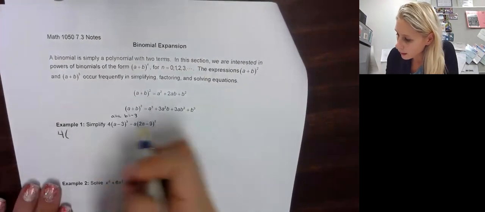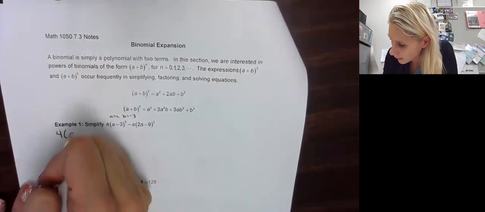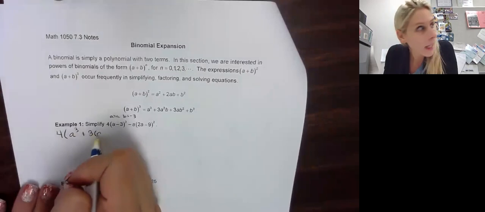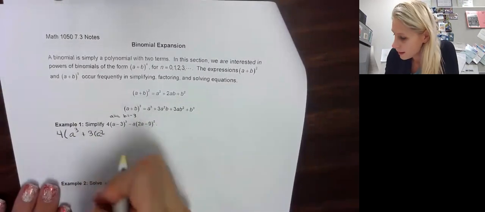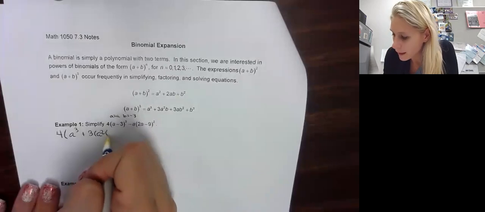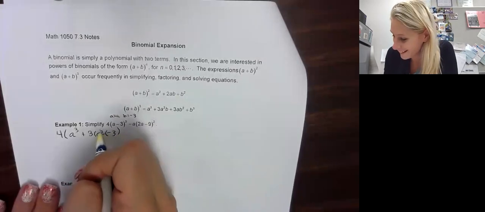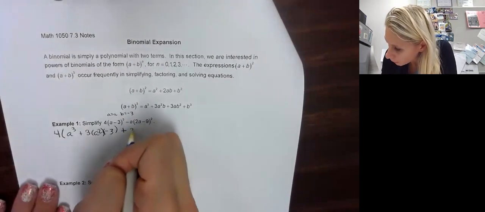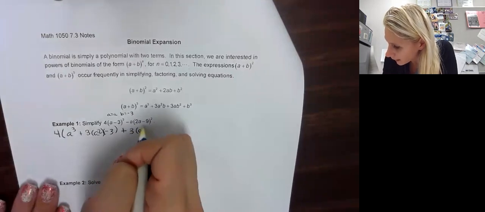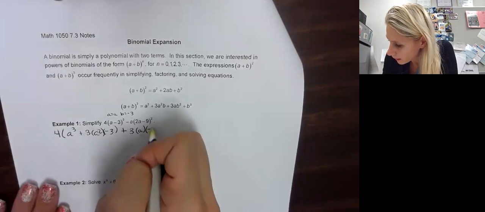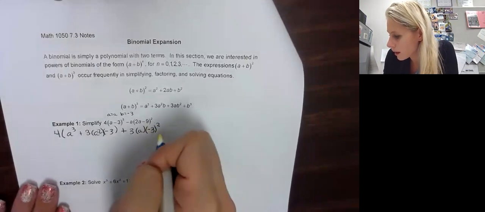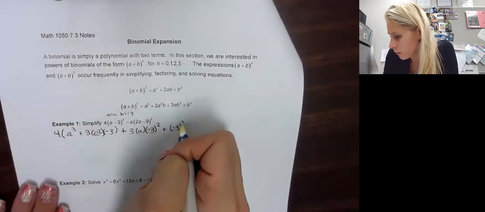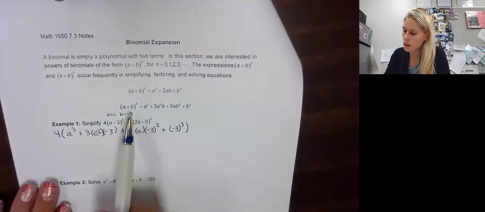So when I plug in for my a's and b's, I have a cubed plus 3 times a squared, and our b is -3. Now for my next term, I got plus 3a to the first, and our a is a, and b is -3, and that's squared, plus our b, which is -3 cubed. And that is our cubic.